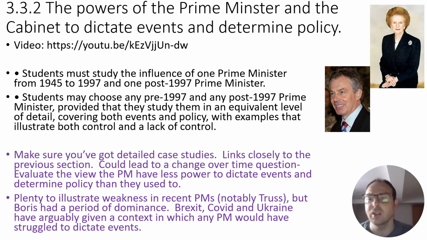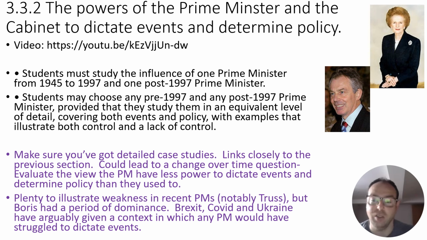However, we have seen a revolving door at number 10, which might suggest that the problems are essentially to do with the different prime ministers we've had and their particular flaws, and therefore maybe we've had a bad batch. And it's not been quite as stable as it has been previously. So even if you go back a bit, you can think about Major, maybe not seen as an absolutely outstanding Prime Minister, but someone who wins an election and survives for a good length of time.